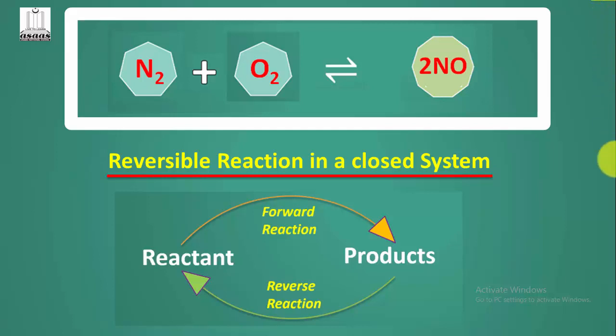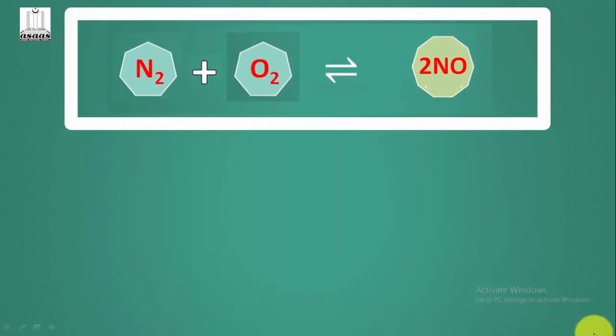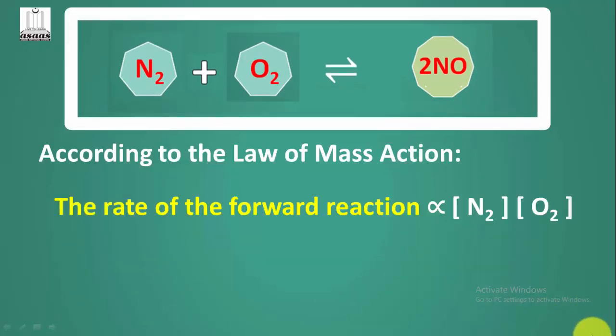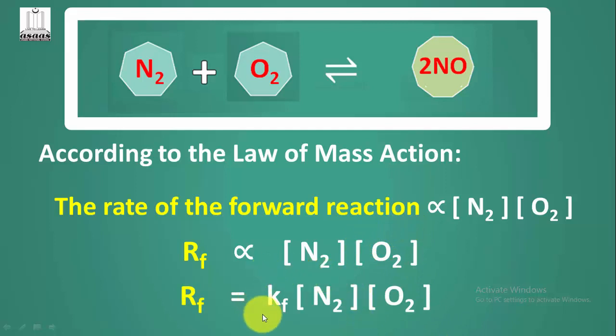When a reversible reaction proceeds, according to the law of mass action, the rate of forward reaction is directly proportional to the product of molar concentration of reactants, which are N2 and O2. We replace the constant of proportionality with the forward reaction constant Kf. So Rf is equal to Kf multiplied by the product of molar concentrations of N2 and O2.